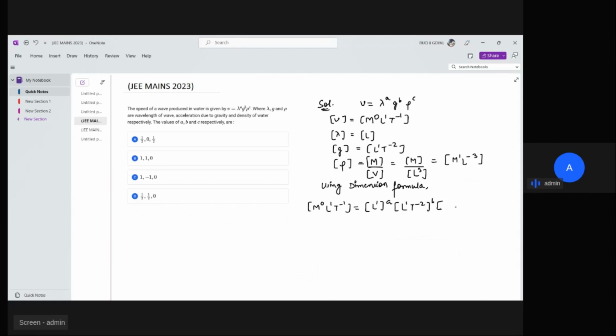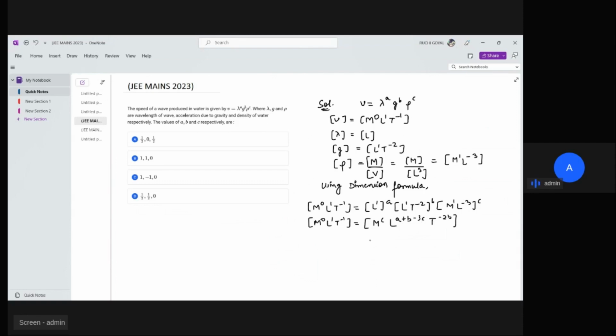And what is the dimension of density? m1 L minus 3 raised to power c. It is same m0 L1 t minus 1. We can combine all these. M raised to power c L raised to power a plus b minus 3c and t raised to power minus 2b.